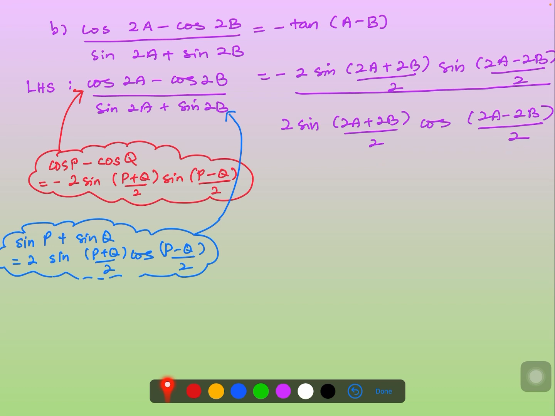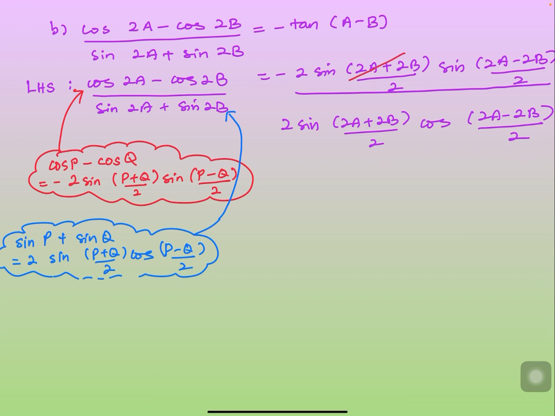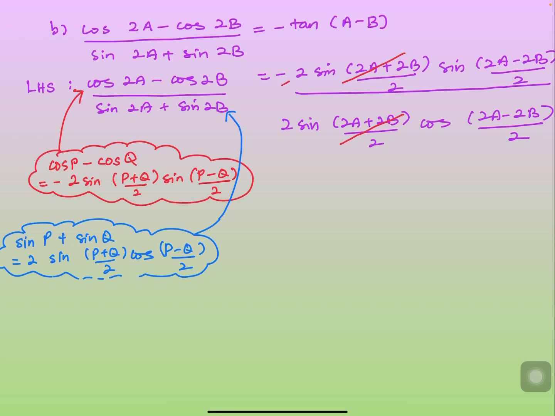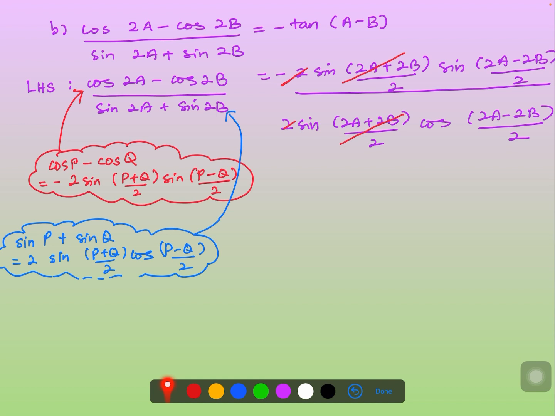And then now we go to simplify. And sine (2a plus 2b) over 2, same as in the below part, so it can be cancelled. And also we have 2 above and below part, so it all can be cancelled.